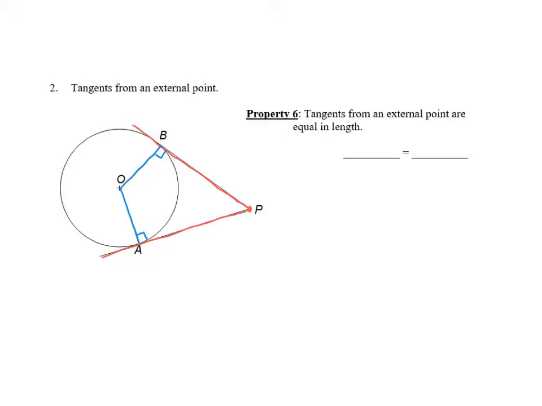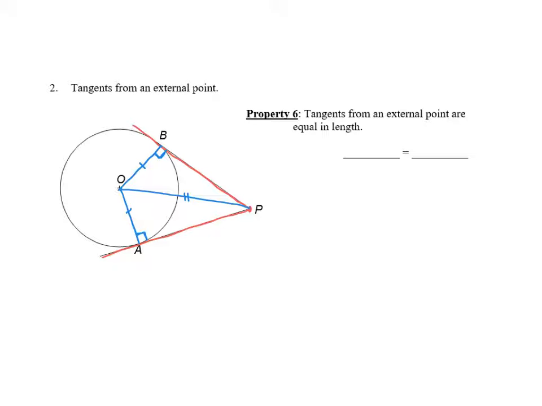Now, let us add on a little bit of drawing. Draw a line from O to P. What do you notice? I have two congruent triangles where the radius is the same as the radius, this common length, and they have a right angle each.